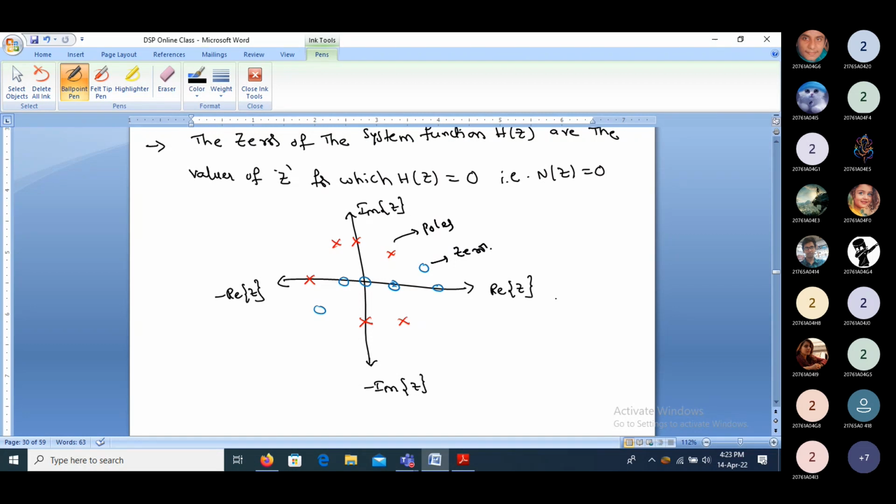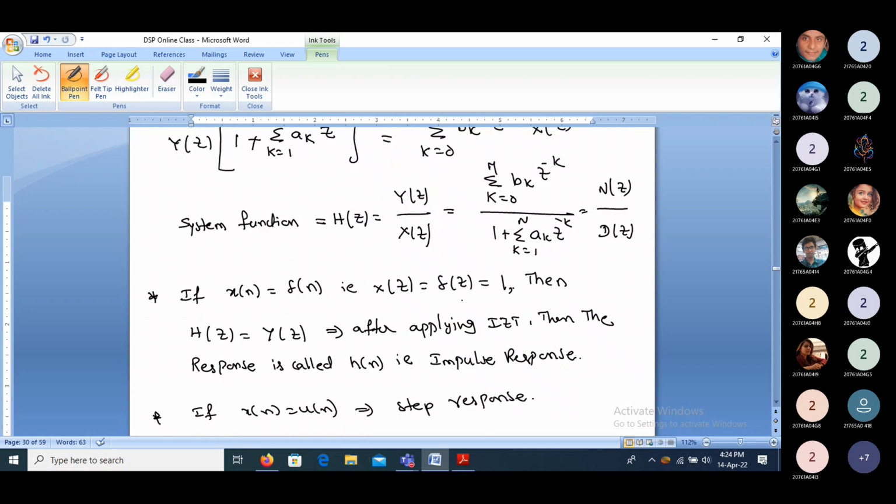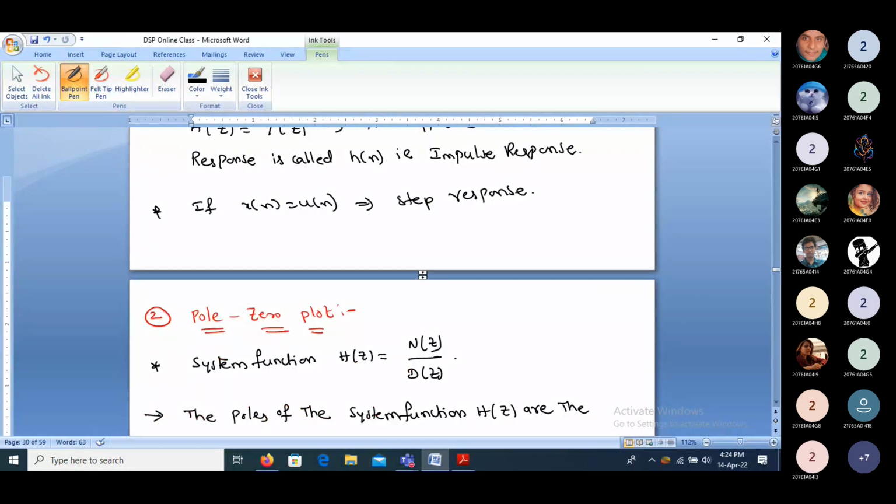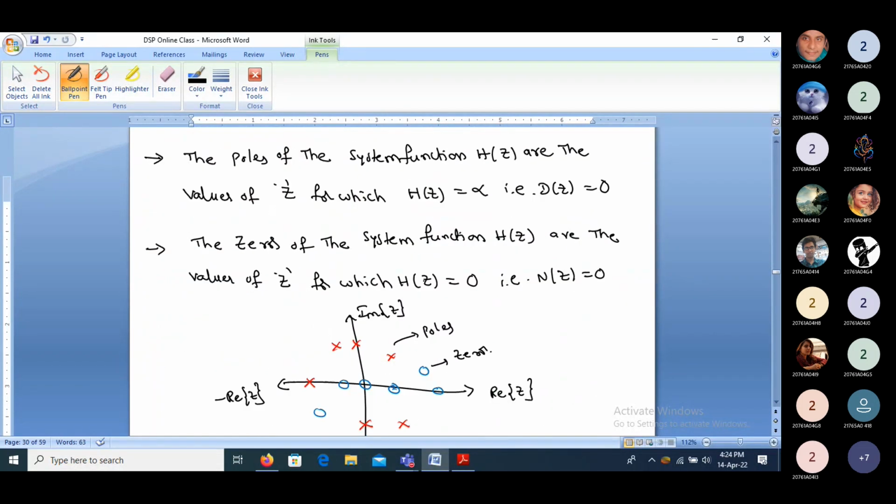After finding the poles and zeros of the system, we can plot them on the pole-zero plot. So these are two applications of the Z transformation. One is the system transfer function. After calculating the system transfer function, we can calculate the poles and zeros and then plot them.